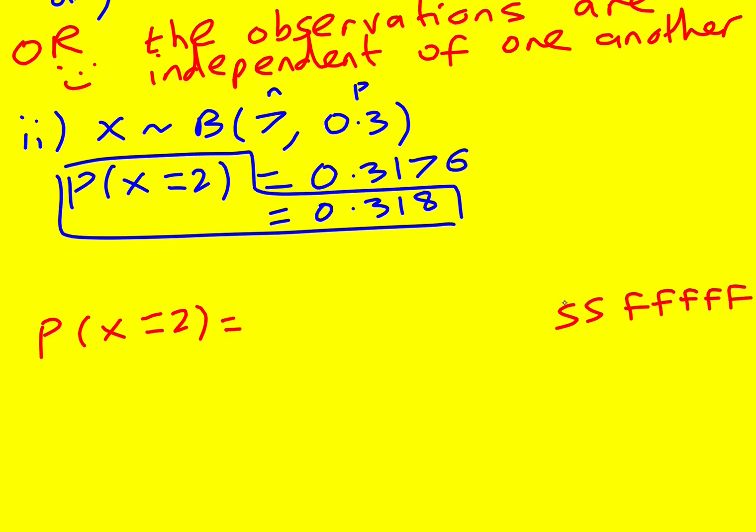Along a tree diagram, success, success, I would times them together, so it would be 0.3 squared. And then if I have 5 failures in a row, I would then times by 0.7, because if success is 0.3, failure is 1 minus that, to the power of 5.